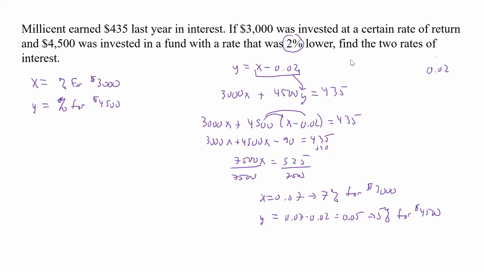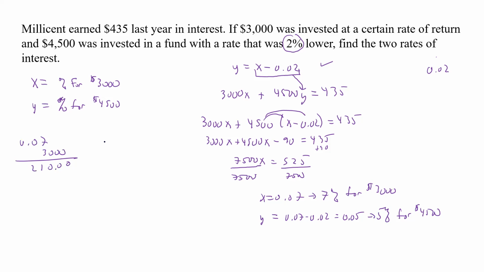All right. So what do we do now? Okay, so it worked on that one. Now we take 3,000 times X, which is 0.07, that's 210.